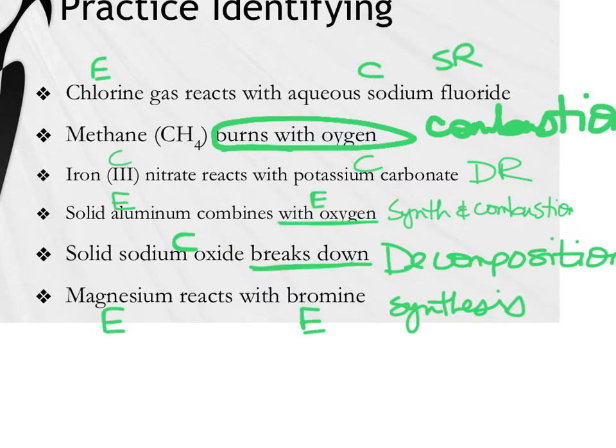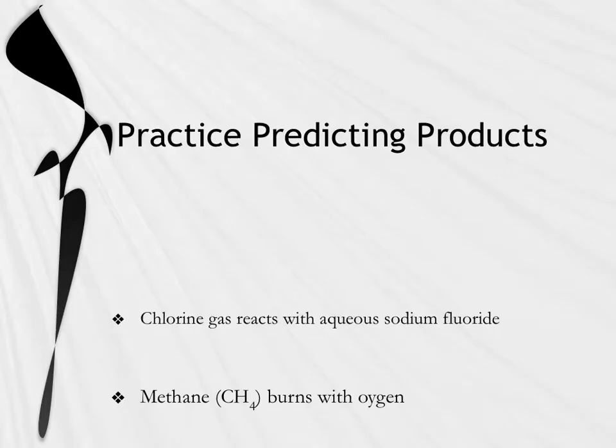Solid sodium oxide, so that's a compound. It's breaking down, there's a big hint there, so that's a decomposition reaction. And you have magnesium reacting with bromine, and that's a synthesis reaction. Two elements reacting with each other, so they'll form a compound. Okay, so we're going to do some practice with predicting our products.